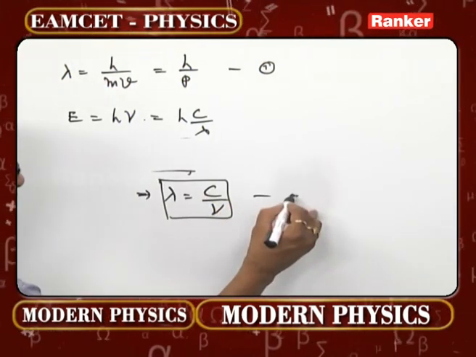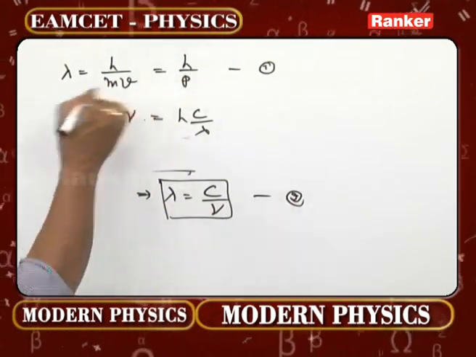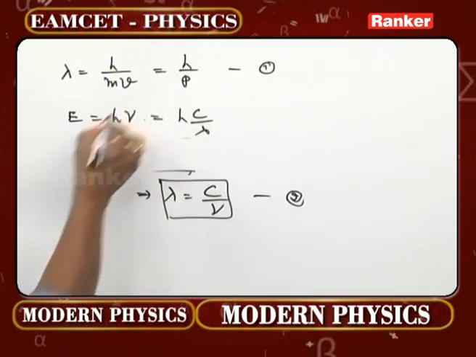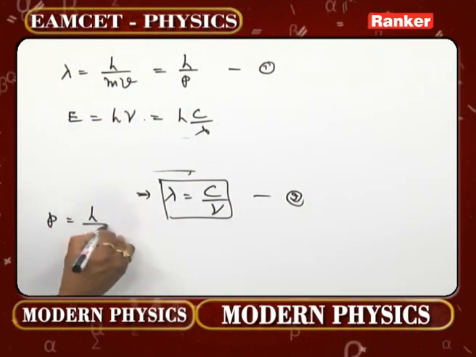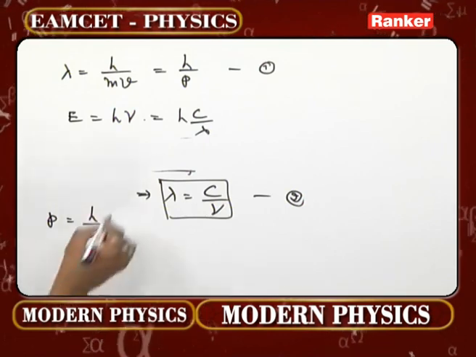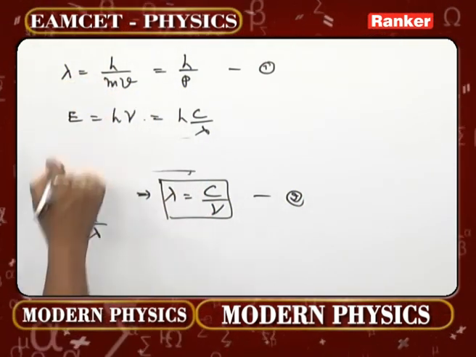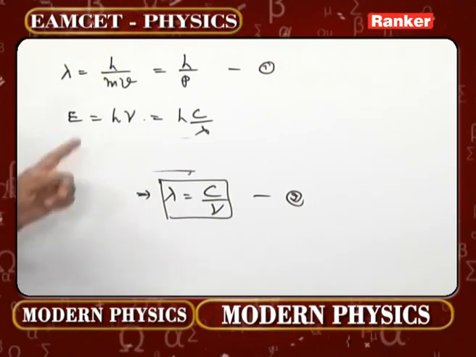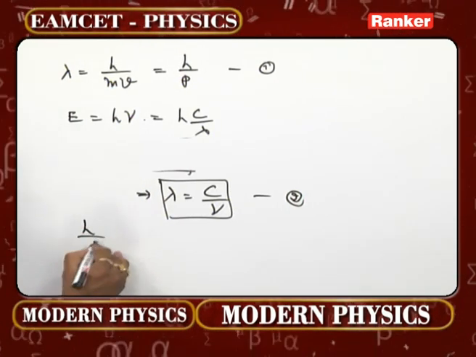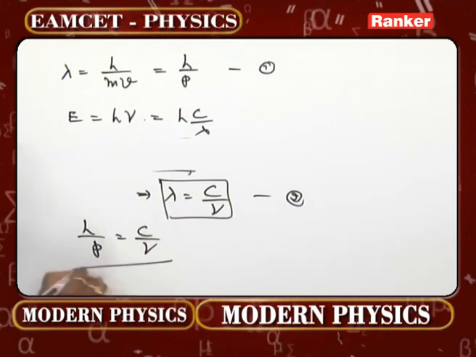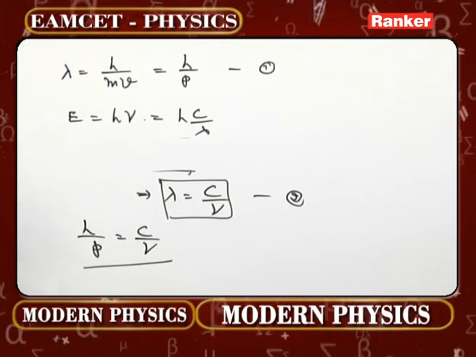Now what is the ratio he wants? What is momentum? It is h by lambda. These two wavelengths are equal, which means we can write h by p is equal to c by nu. Now what is his question actually?